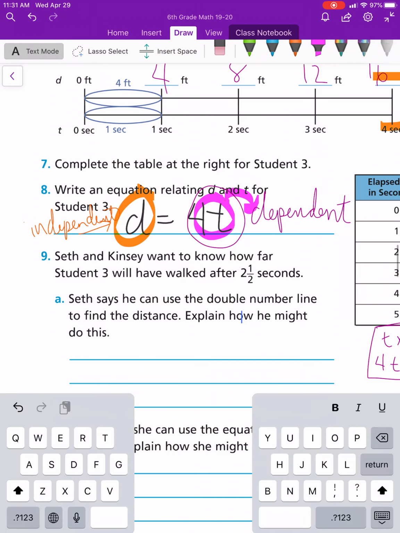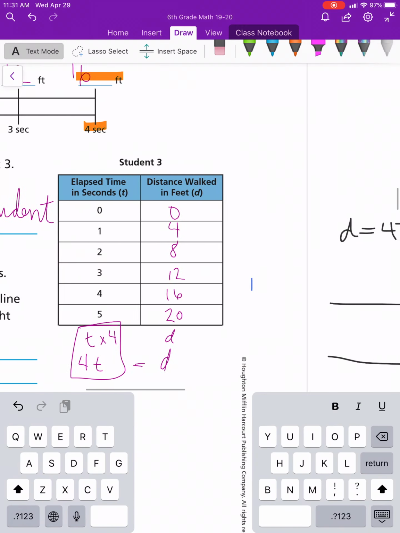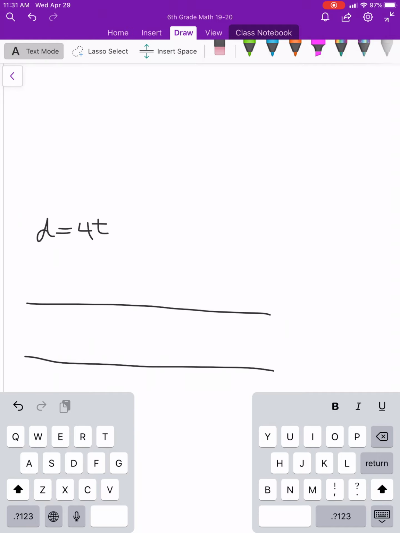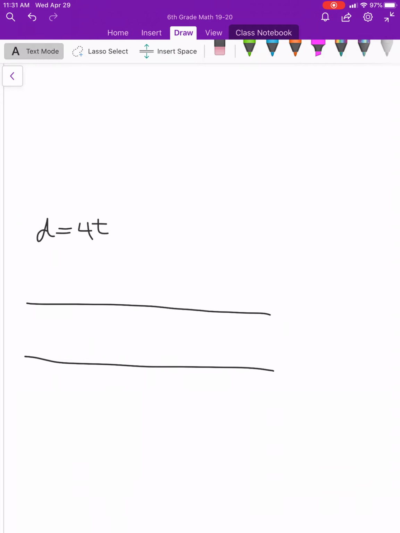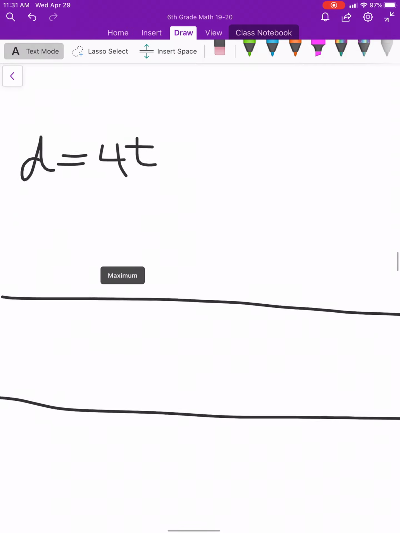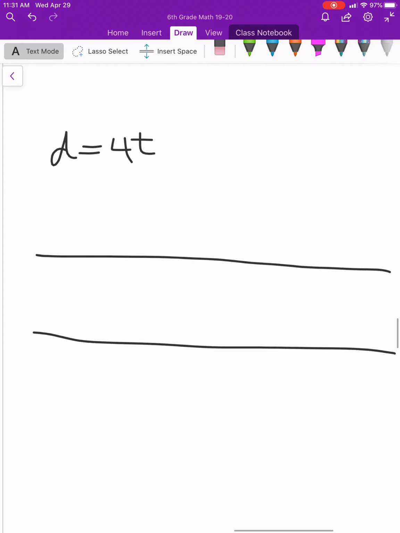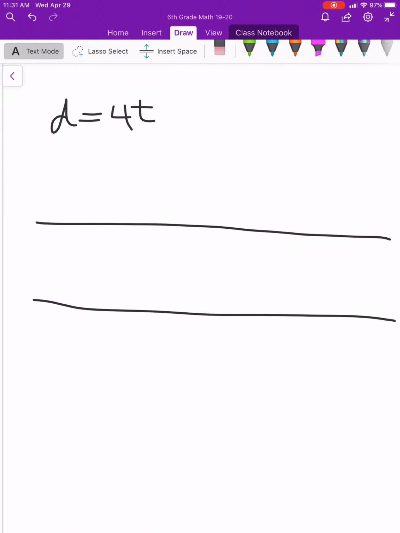Okay, now that we fixed that, I'm going to go back here. So for 0 seconds, I'm going to have seconds down here, and I'm going to have distance up here. Would it matter? No, but it makes more sense the distance would be on top for me.